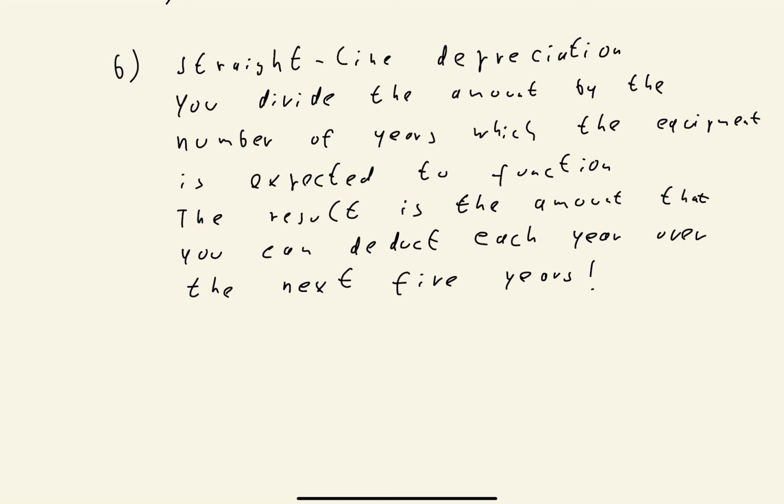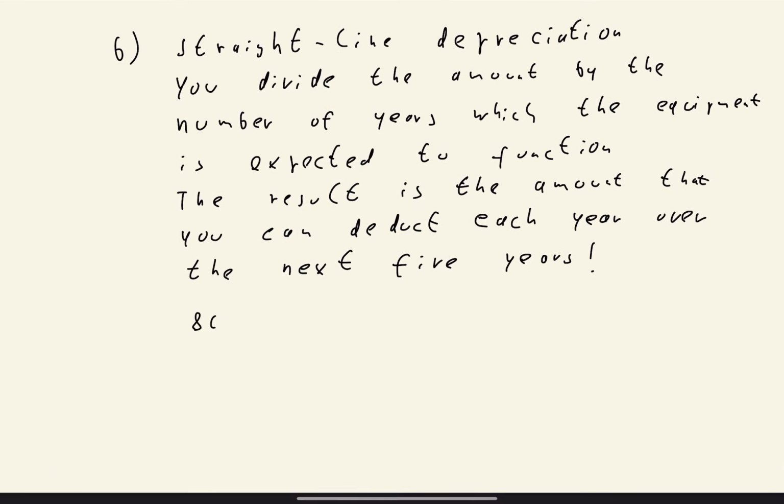So if we divide the $80,000 by the amount of years which this piece of equipment is expected to function, it was 5, we get $16,000. So $16,000 is the amount that we can deduct each year over the next 5 years.